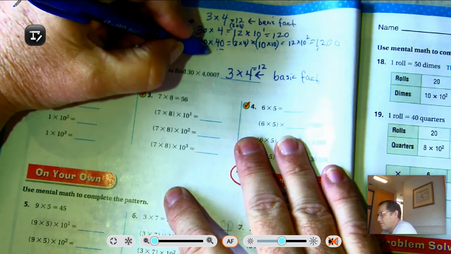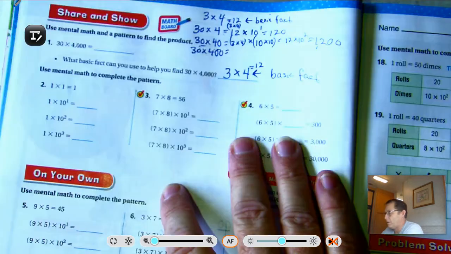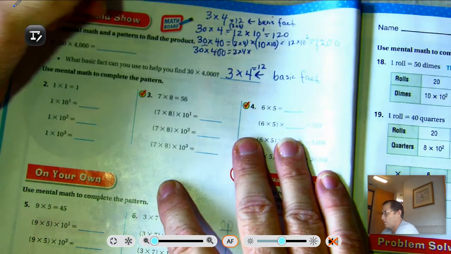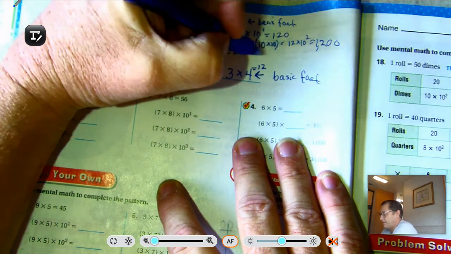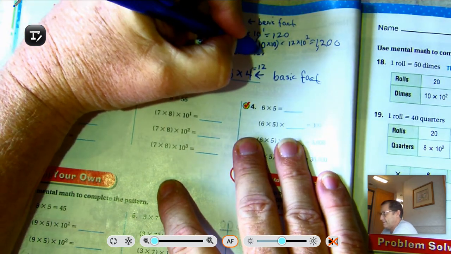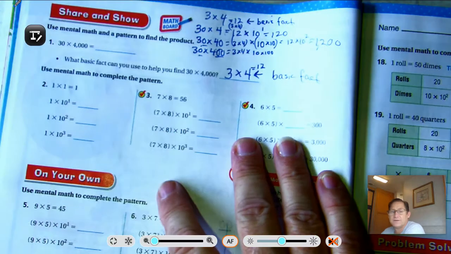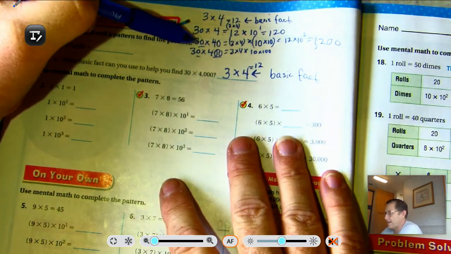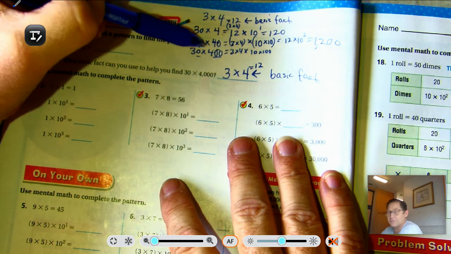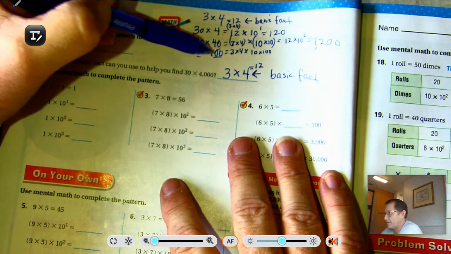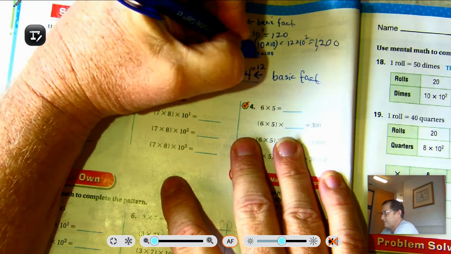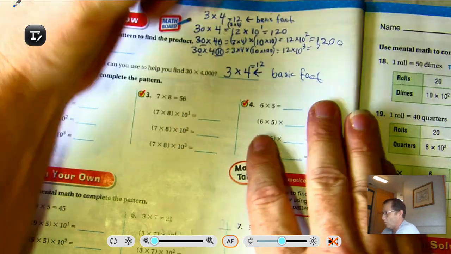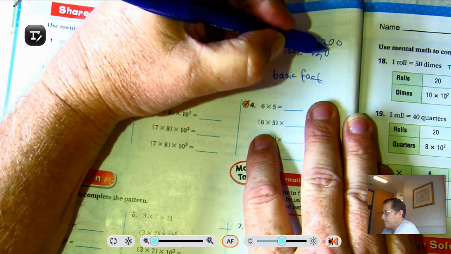If we continued our pattern and we went 30 times 400, again, we have 3 times 4, and this time we would have 10 times 100. Why is it 10 times 100? Because in the previous pattern, we had 12 times 100. This time we're going to have 12 times 10 to the third, or 12,000.